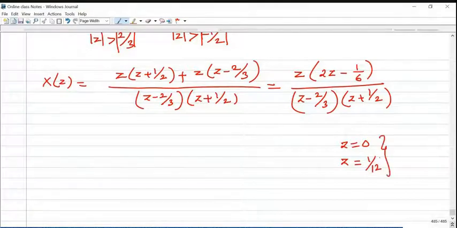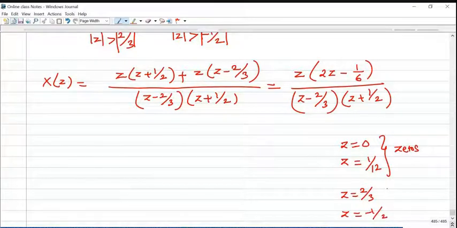So from the numerator, factorize first and then equate to 0, and you will get zeros. From the denominator, z equal to 2/3 and z equal to minus 1/2. These are poles.